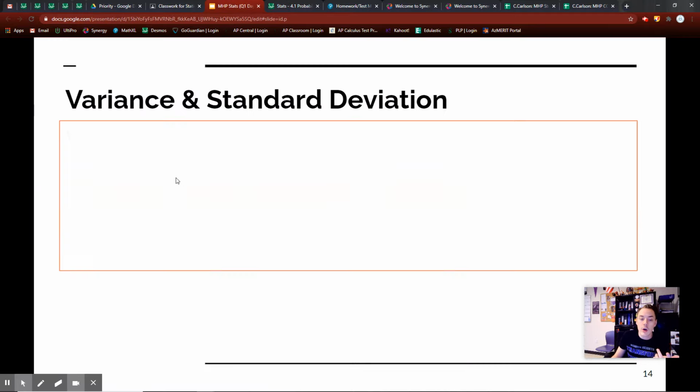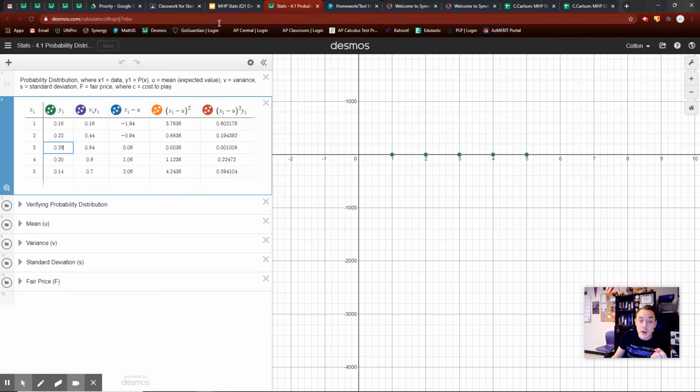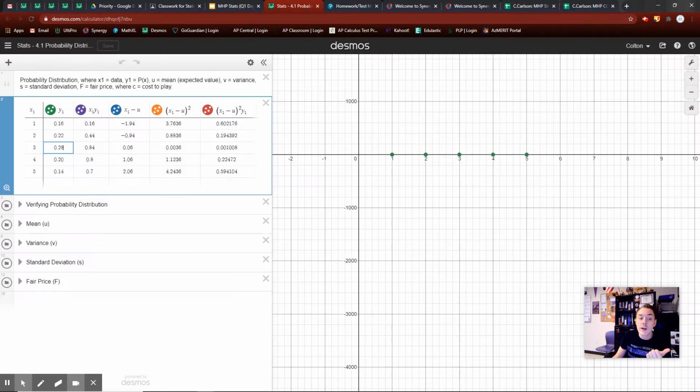So what does that mean for us? That means we're going to be using that exact same probability distribution that we made, the one I just showed you on the slides, and we're going to input that here in x, because that's my data: 1, 2, 3, 4, 5. That's my random variable, my discrete random variable. And this is y sub 1. So this is 0.16, 0.22, 0.28, and so forth.